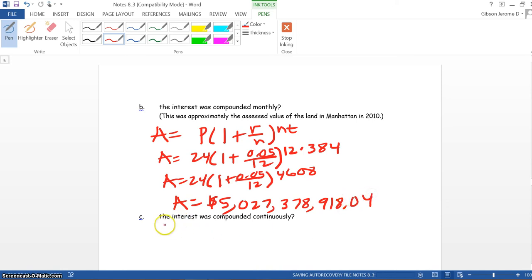Now we go to C. The interest was compounded continuously. We have A equals P times E to the RT. So A is equal to P is 24. E, the rate, is 0.05. And the time, of course, is 384 years.